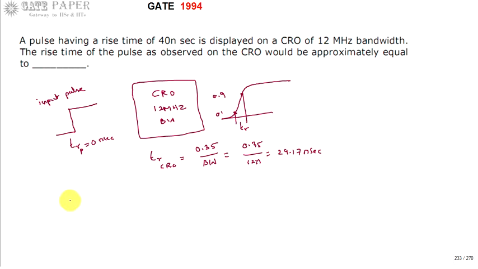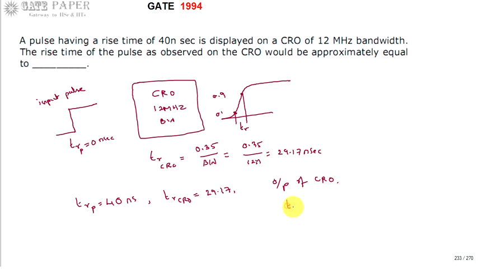According to our problem, TRP, the rise time of the pulse, is 40 nanoseconds and the rise time of the CRO itself is 29.17. So the output of the CRO now suffers from both rise times.